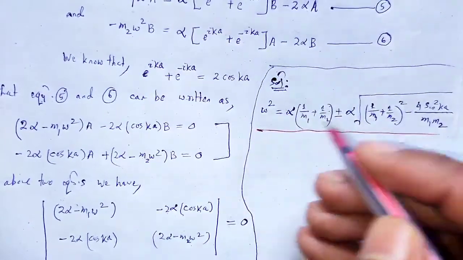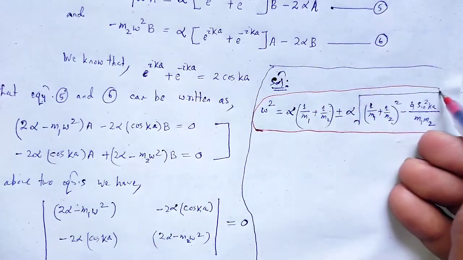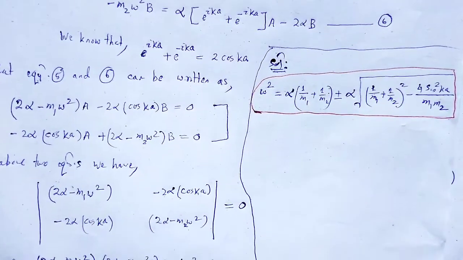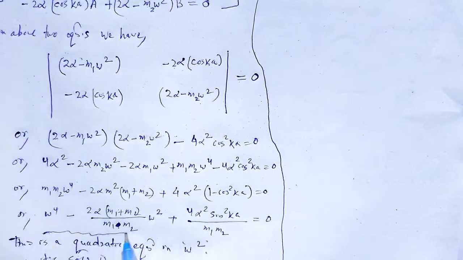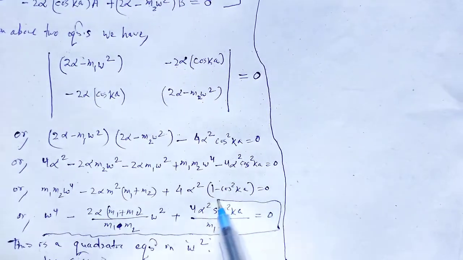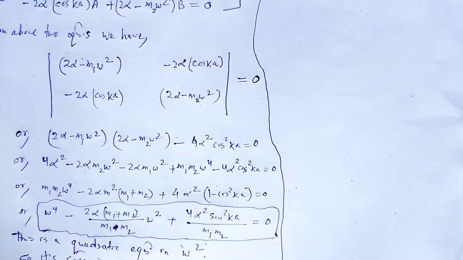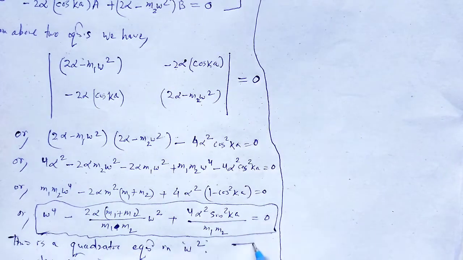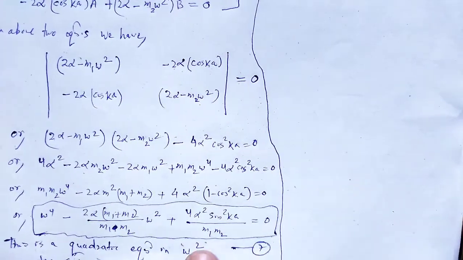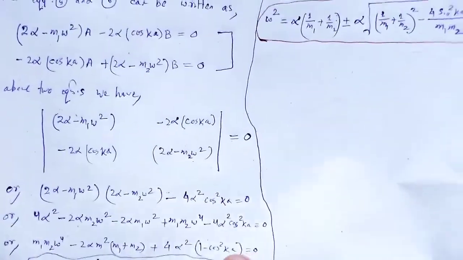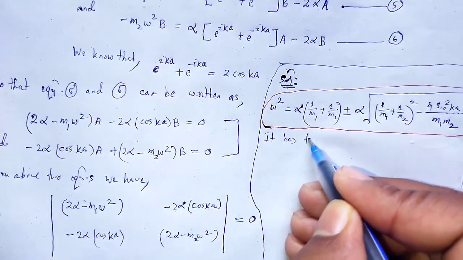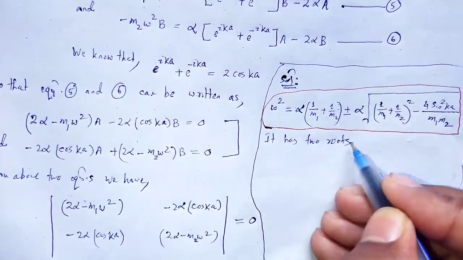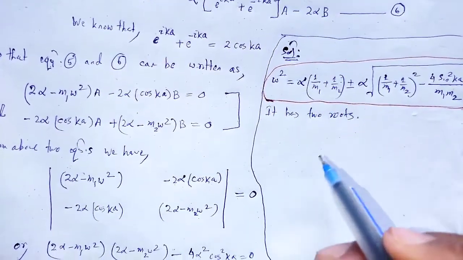That is the solution of this quadratic equation, equation number 7. It has two roots, one is positive and another one is negative.